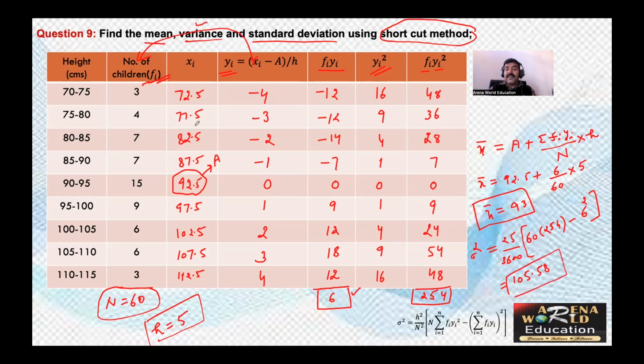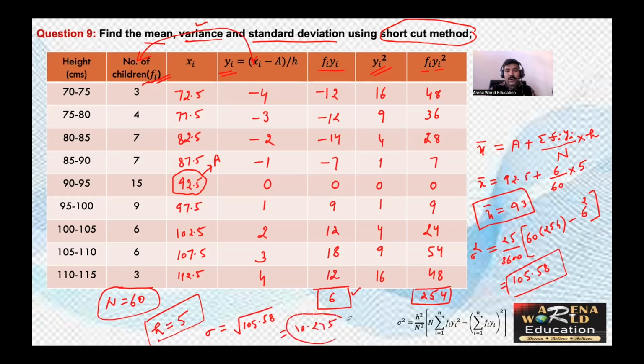Right? So now standard deviation is very easy. What is standard deviation? Yes, we will simply find the square root of given variance. So this will be square root of 105.58. And this will be equal to 10.275.